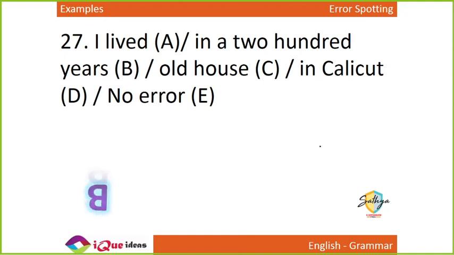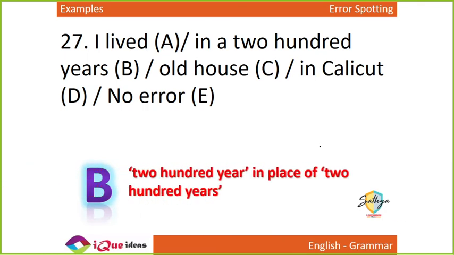So, I lived in a 200-year-old house in Calicut. Years is not used. Whenever a number is used to describe age, the word year is used in singular form, not plural, just like a 2000 rupee note.